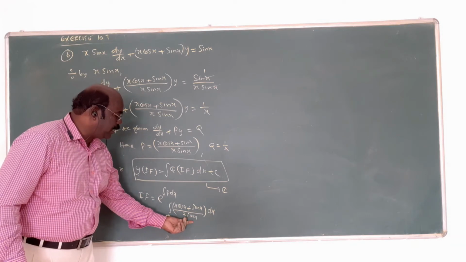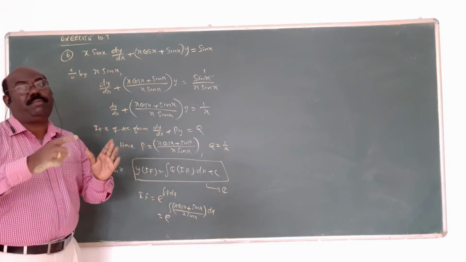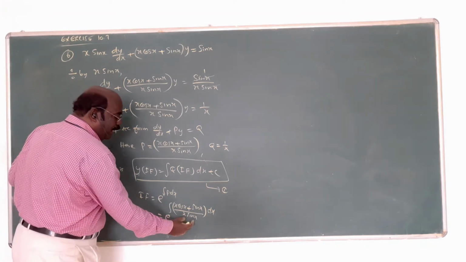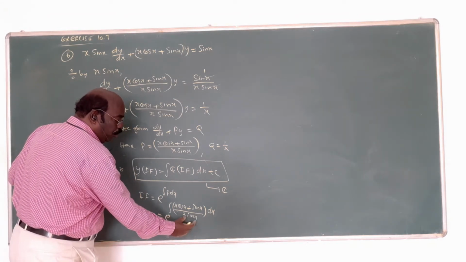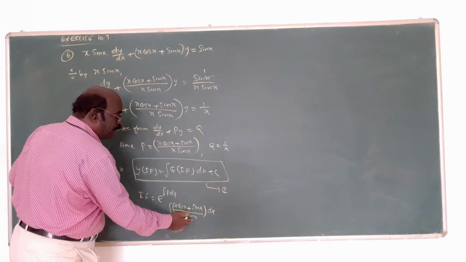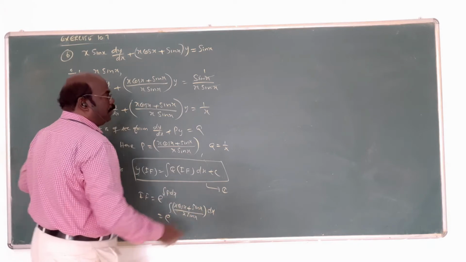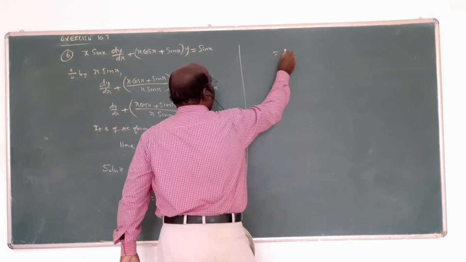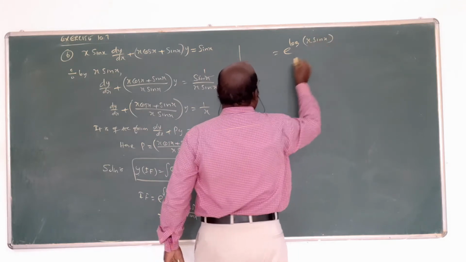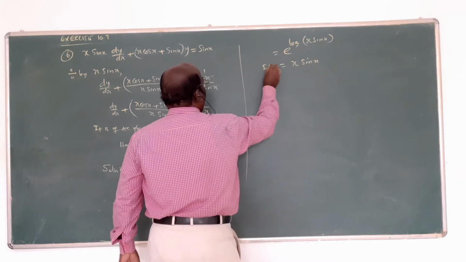Differentiation of x sin x is exactly the numerator, so it will come as log of denominator. That is the formula. Am I right? Now x sin x, differentiation is x cos x plus sin x, directly the answer, e power log of denominator. This is the formula. e and log cancel. So x sin x is the IF. Am I right?